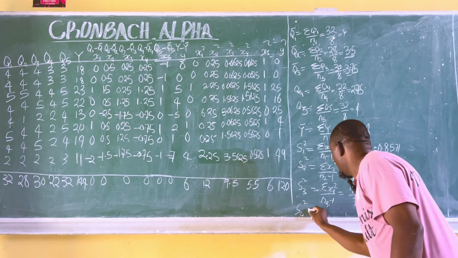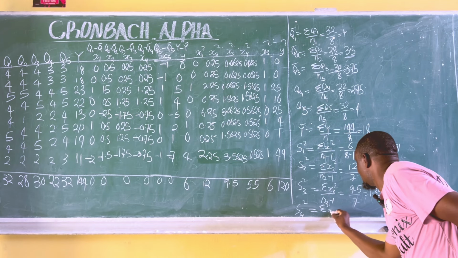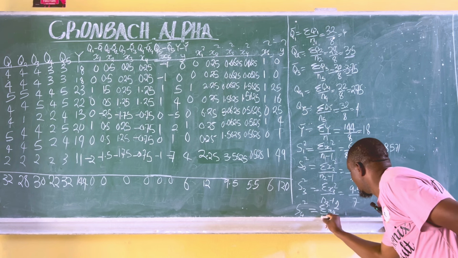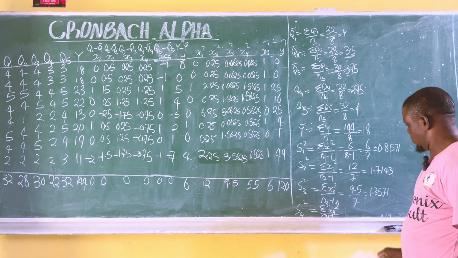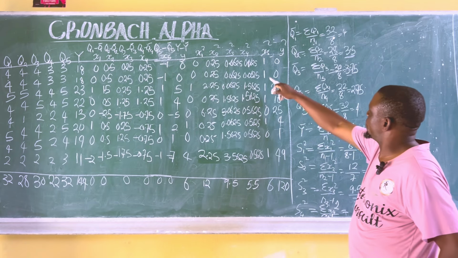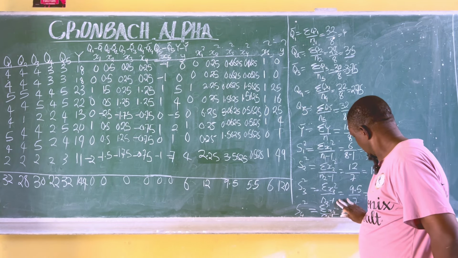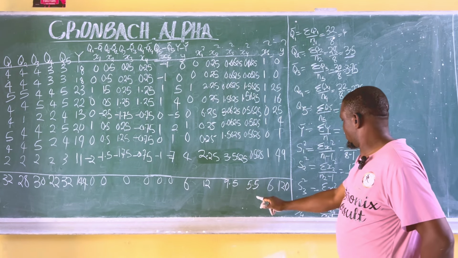S4 square will be equal to summation of X4 square all over N4 minus 1. Hope you're able to see that. So that will be equal to summation of X4 square, 5.5.